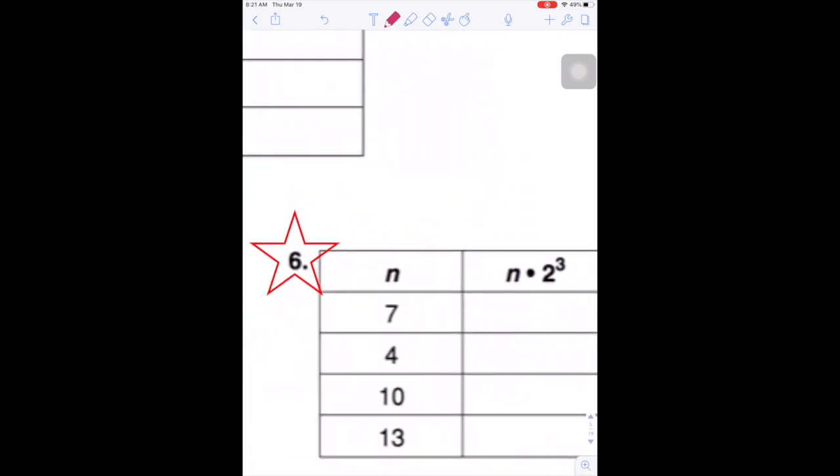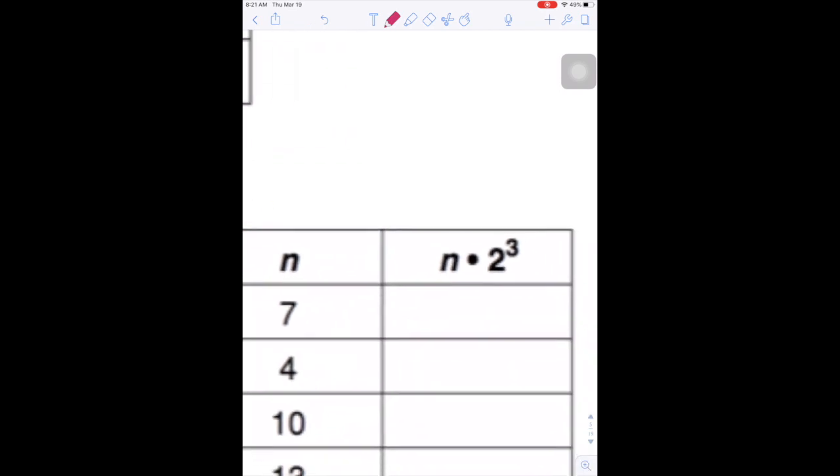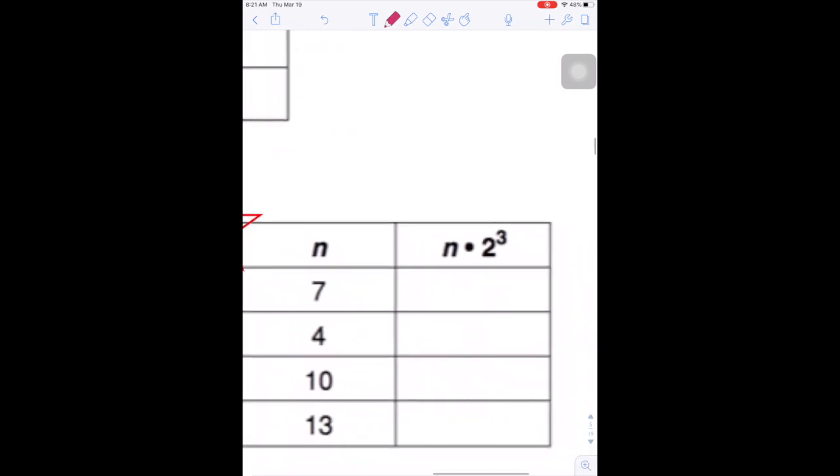This one has a star. This is trickier because of the exponents that's there. But remember, if we know about our exponents, I have my base number, and how many times it shows up is 3. So 2 times 2 times 2.